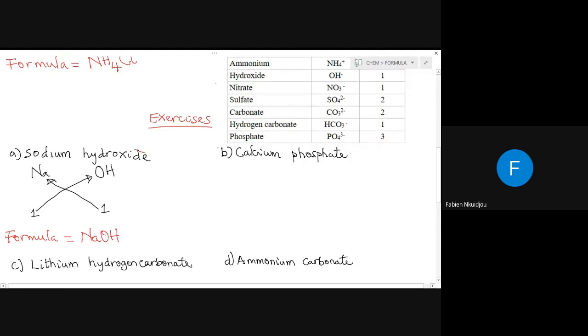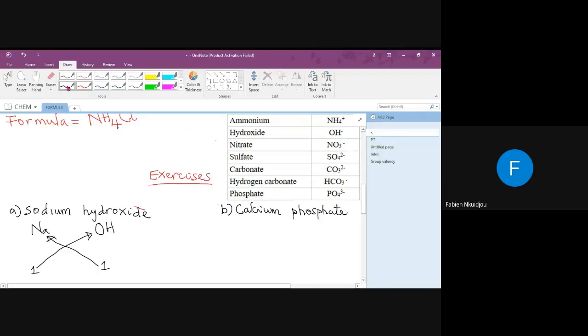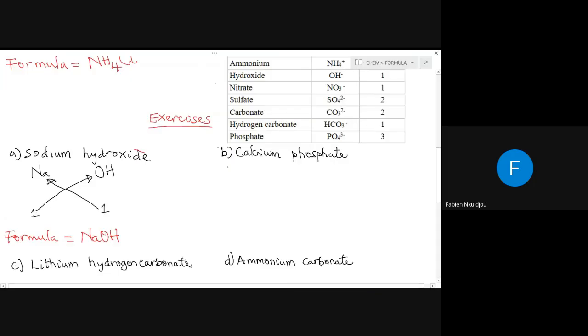So we have calcium, phosphate. So calcium has a valency of 2, phosphate has a valency of 3. So let's interchange because it's not possible to simplify.